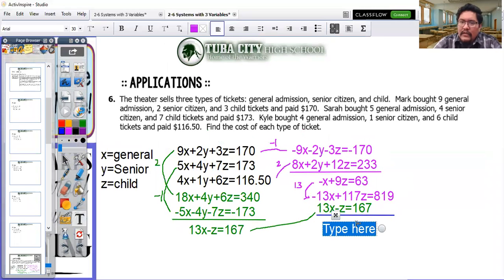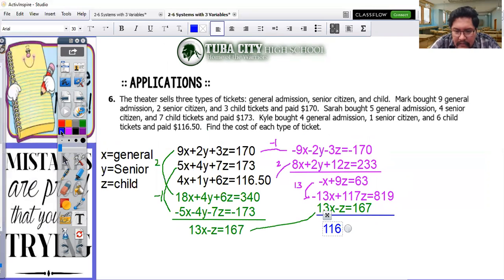So 117 minus 1 is going to be 116z, equals 819 plus 167, which is 986. And I'm going to divide both of them by 116. I'm just doing some basic algebra here. And it says that z, which is the child ticket, is going to be $8.50.